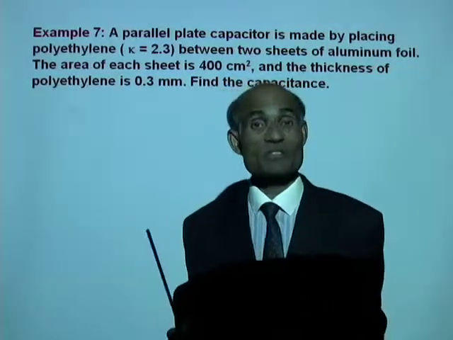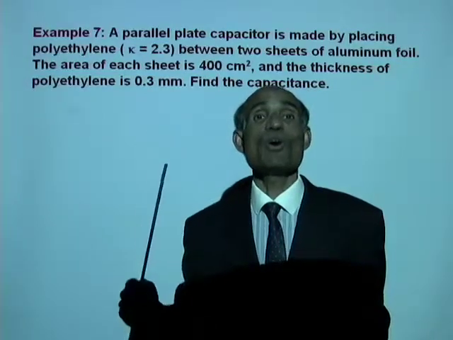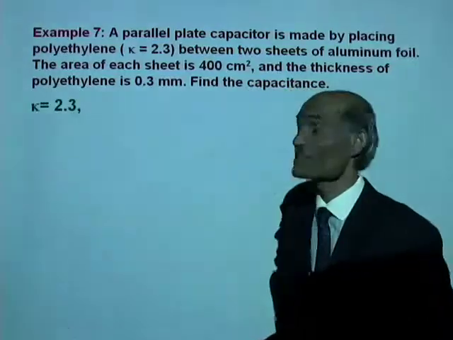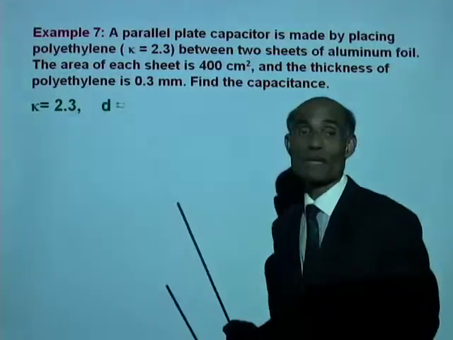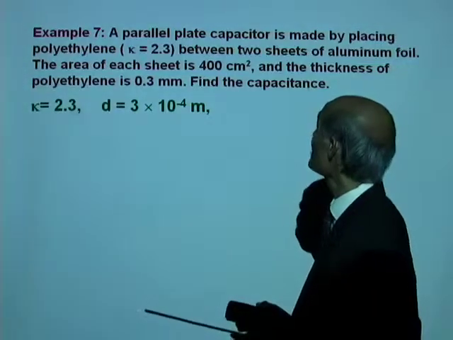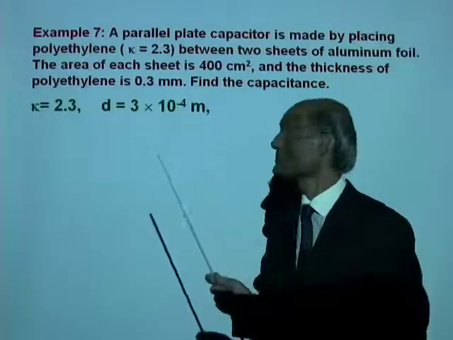Yes? Capacitance is kappa epsilon naught A over D. Don't we have all those values here? Yes? Kappa is 2.3. D, the plate separation, is 3 times 10 to the negative 4 meter. Always remember to use the correct unit.